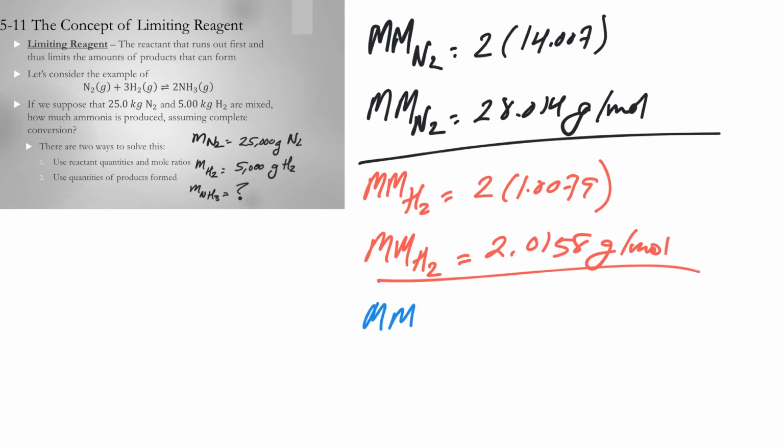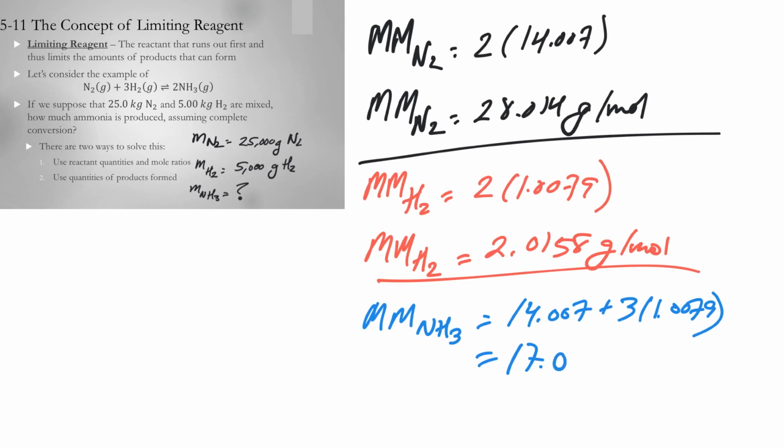Molar mass of ammonia is 14.007 plus 3 times 1.0079, which comes out to 17.031 grams per mole. All right. So now that we have everything, molar masses and masses, we can do this problem.